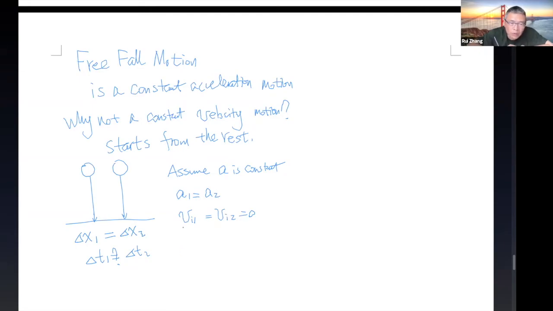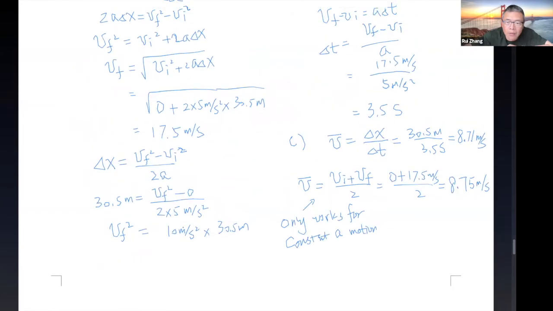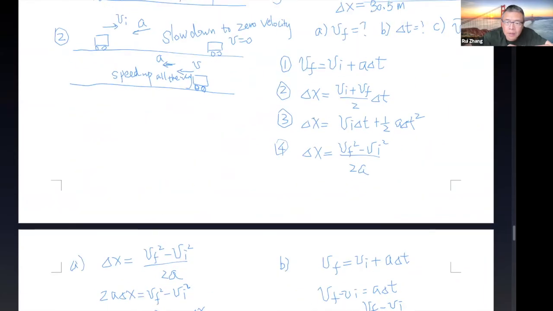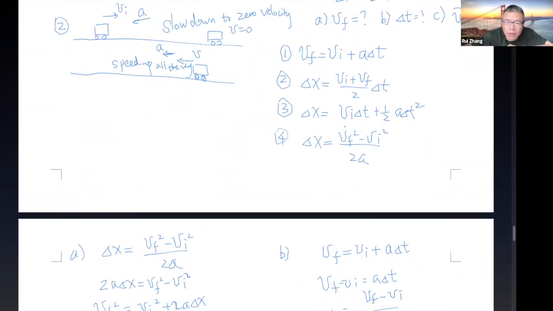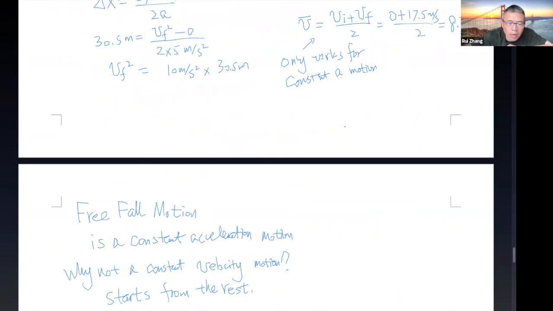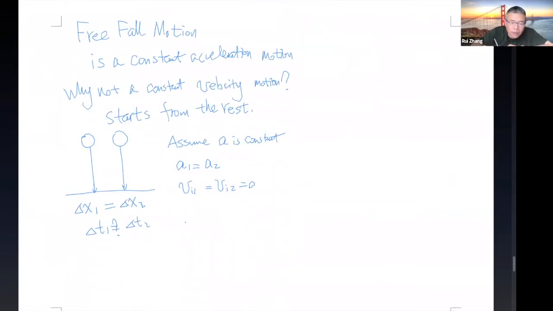So actually, if you look at the 4 formulas we got, the third one is a good one to use in this context. You have delta x equals vi delta t plus 1/2 a delta t squared, and as we see, vi is 0 here.